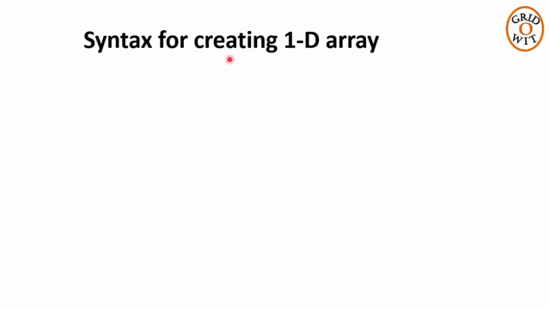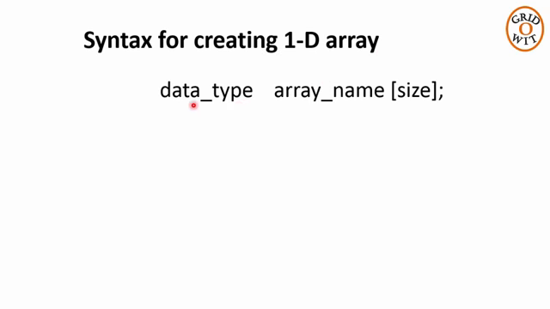Let us see the syntax for creating a one-dimensional array in C programming language. First is the data type, then the array name, followed by a constant value in square brackets which represents the size of the array, that is, the number of elements in the array. For example, here int is the data type, S is the name of the array, and 5 represents the number of elements in the array.